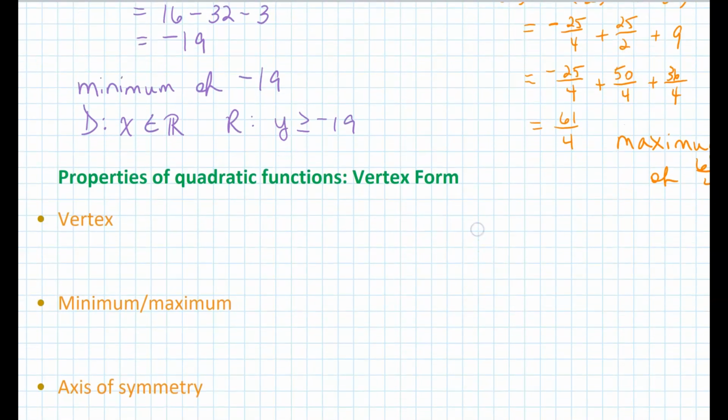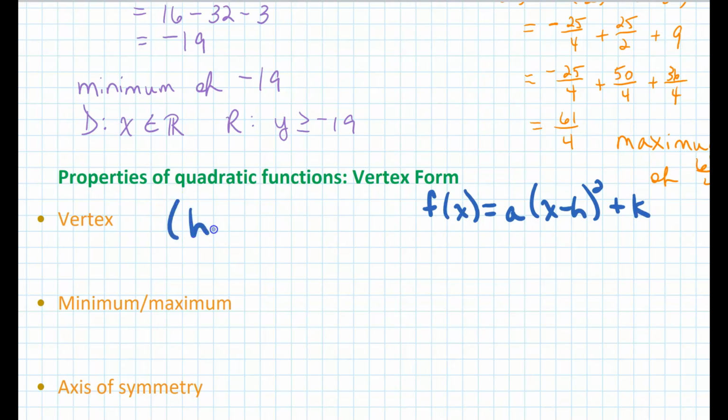Okay. So vertex form, that was the very first one that we graphed. So let me rewrite that here. That was f of x is equal to a times x minus h squared plus k. And then again from that, the vertex is going to be the coordinate h, k. Did the rules about our a value change?